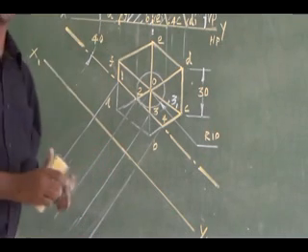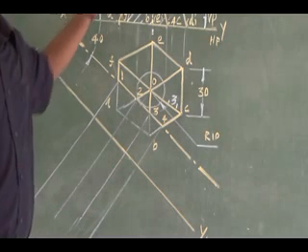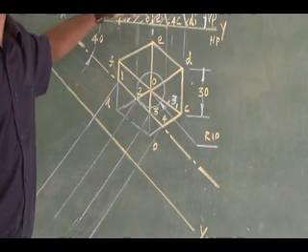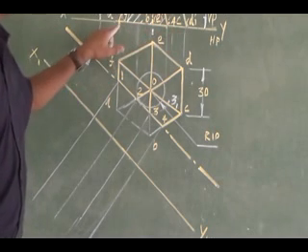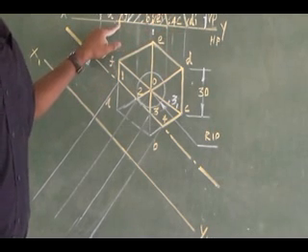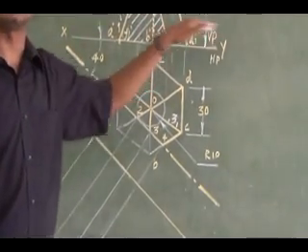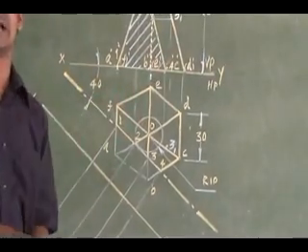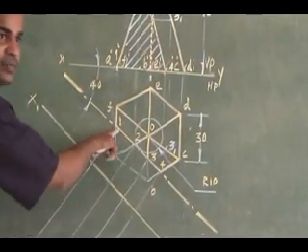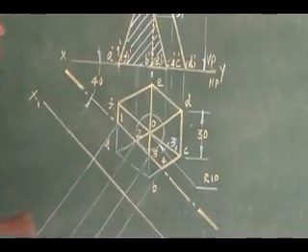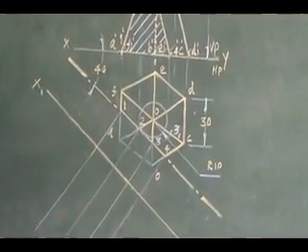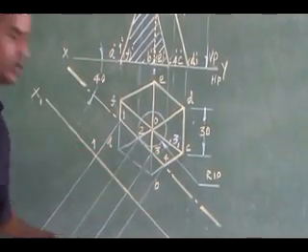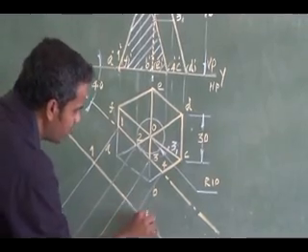Then you mark the apparent section cutting point distances from the old reference line xy. Cutting point 1 is on the old reference line itself. Similarly, 4 is on the reference line itself. So I can conveniently mark cutting point 1 and cutting point 4 on the new reference line itself.